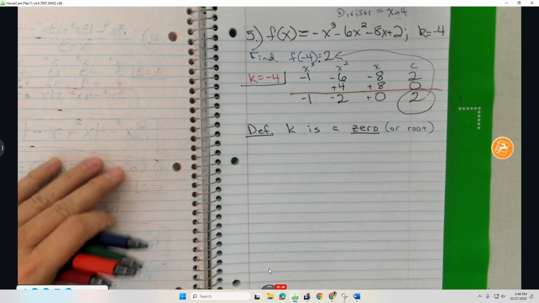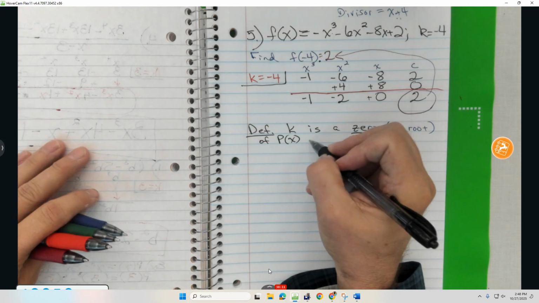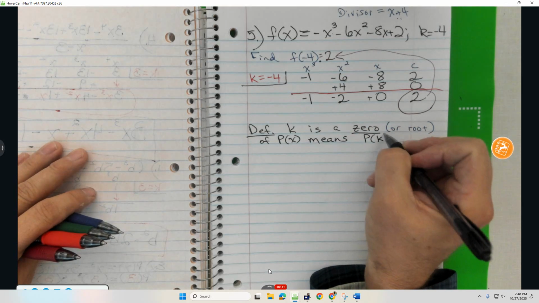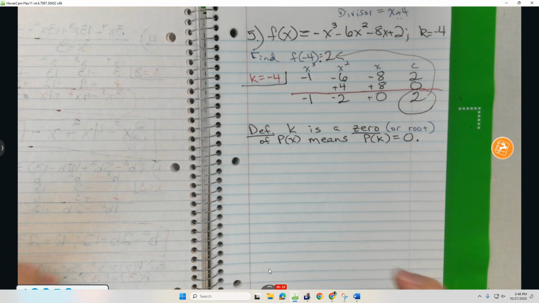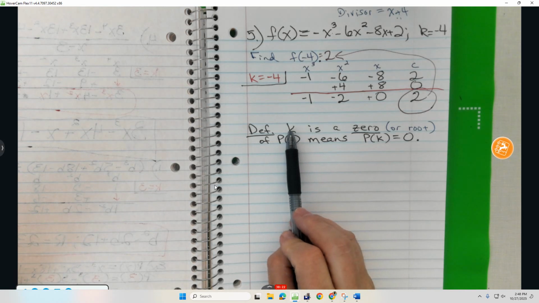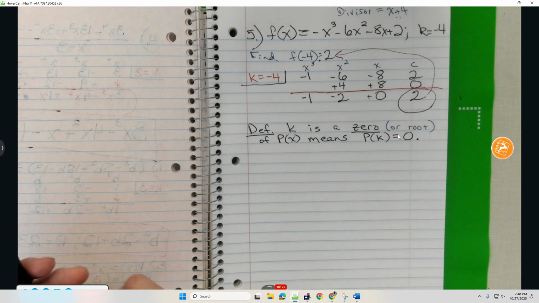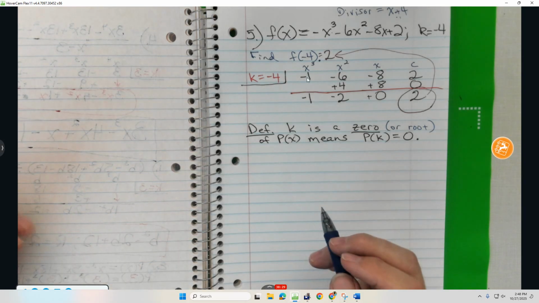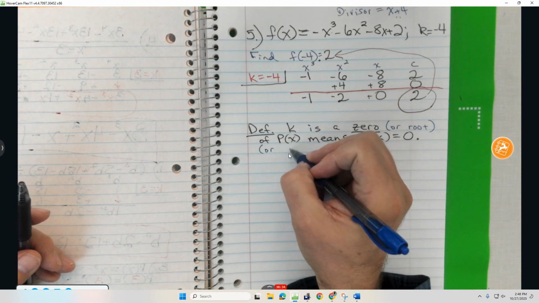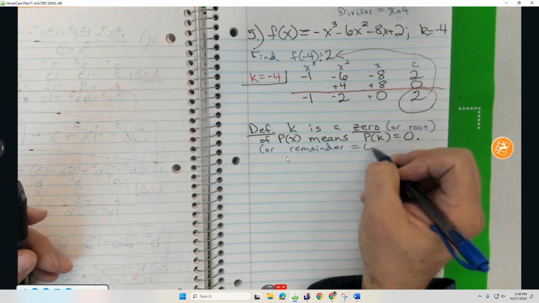K is a 0 of the polynomial function p of x means p of k is equal to 0. If you take that k value and plug it into the function, you get a 0. Or, when you use synthetic division, the remainder is equal to 0. That's the result of the remainder theorem.